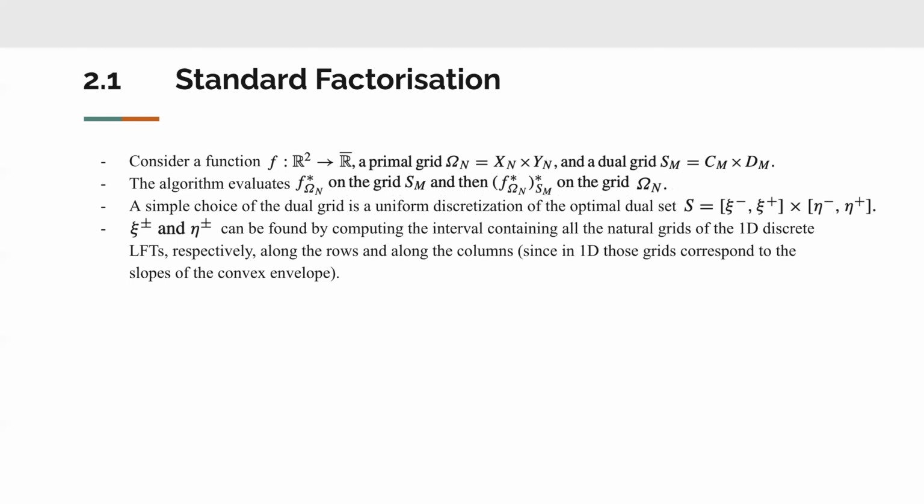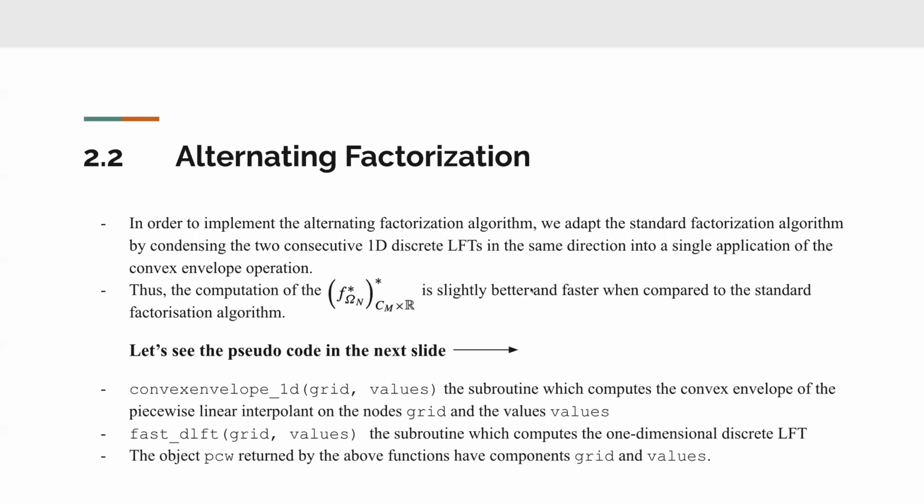We'll then have a total of m discrete LFTs on data of size n and n discrete LFTs on data of size m. We already know that the one-dimensional algorithm's complexity is linear, and hence the complexity of a two-dimensional algorithm based on this factorization would be O of n times m, which is again linear. All right, so that's standard factorization.